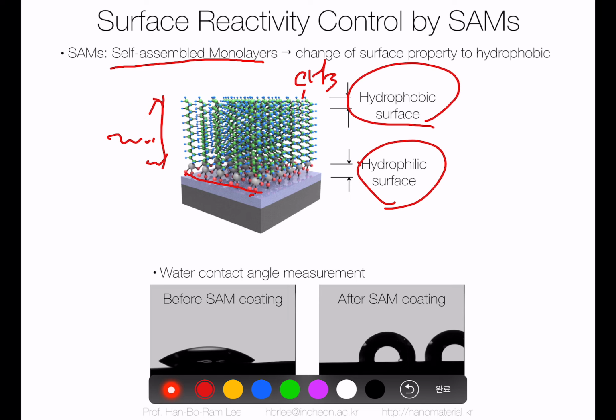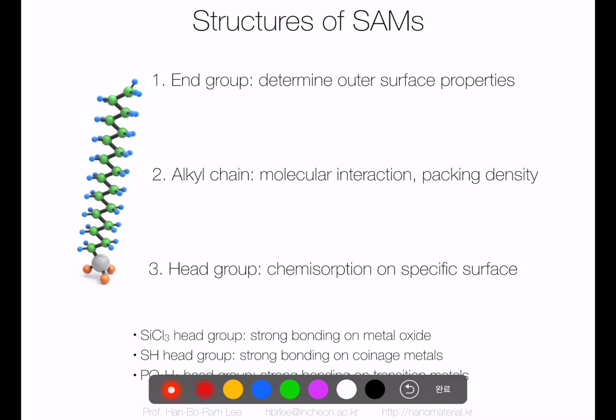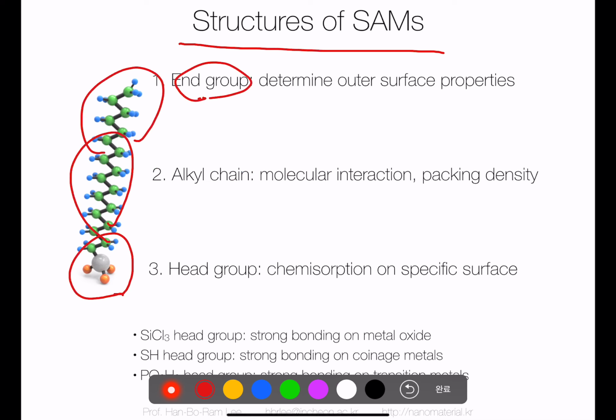Before SAM, the contact angle is very small, but after SAM, the contact angle is very high, because the chemical reactivity is changing. The structure of SAM has a head group, an alkyl chain, and an end group.